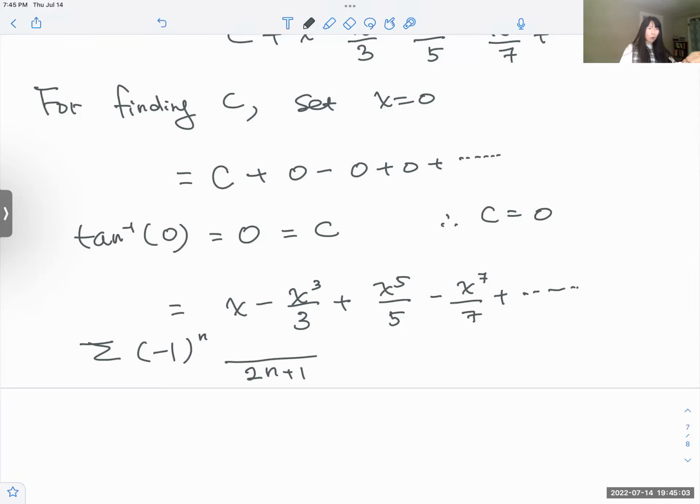Now, what about the numerator? Same thing, increased by 2, isn't it? Yeah, same, x to the 2n plus 1. Right? So we can express it this way. How about n? Does it start at 0 or 1? 0. I said 0 and then my finger showed 1.